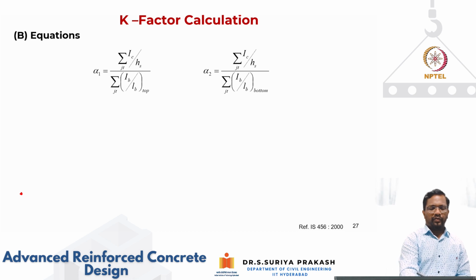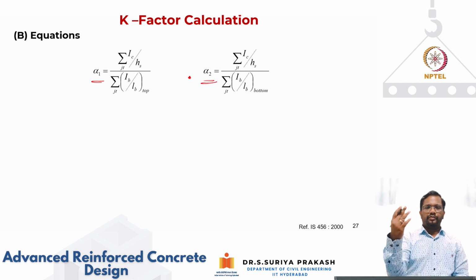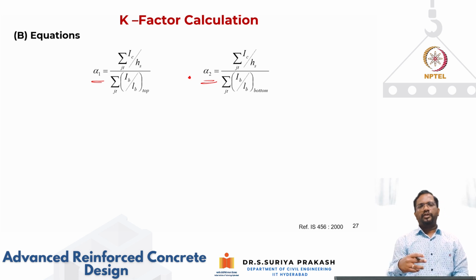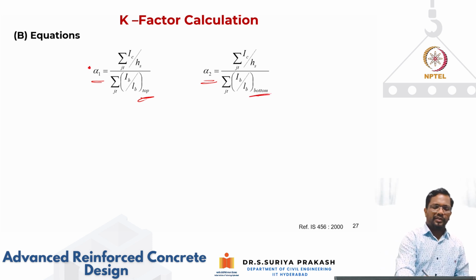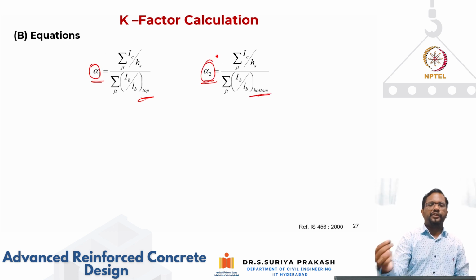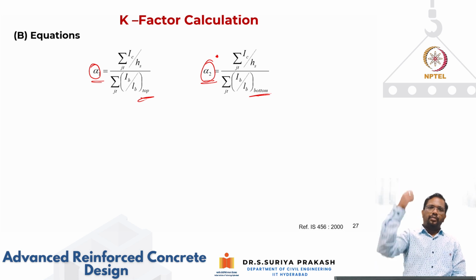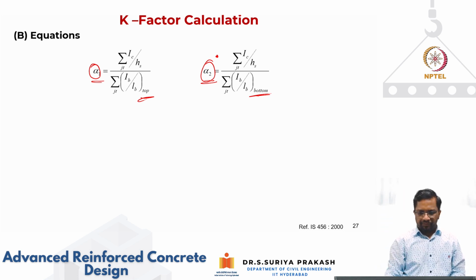Now, for top and bottom joint of a column, I calculate the stiffness parameters alpha 1 and alpha 2, which is basically summation of the stiffness of the columns divided by summation of the stiffness of the beams that are connecting at the top of the column. Similarly, I do that for the bottom of the column. So these alpha 1 and alpha 2 are nothing but stiffness parameters of the boundary conditions of the columns.